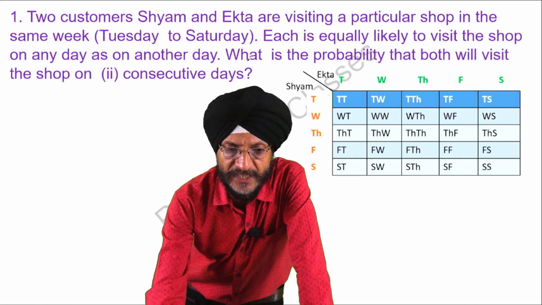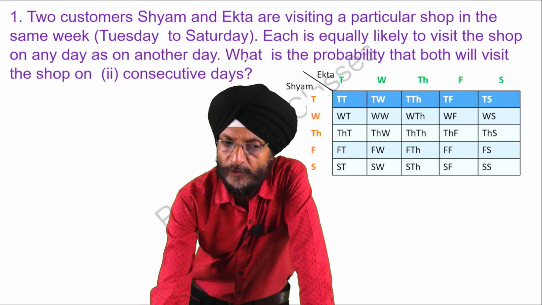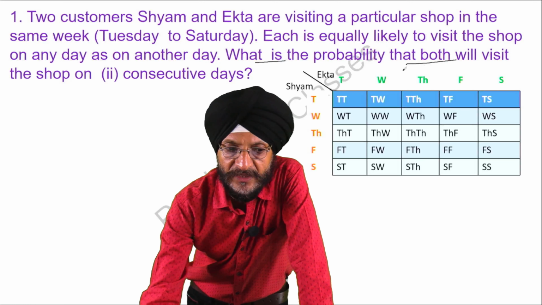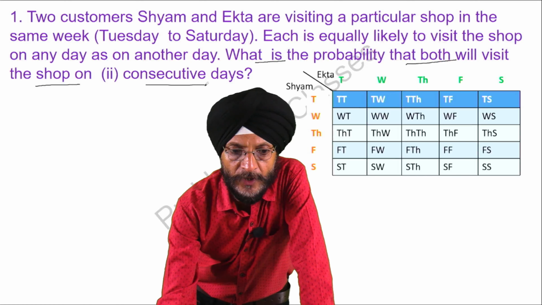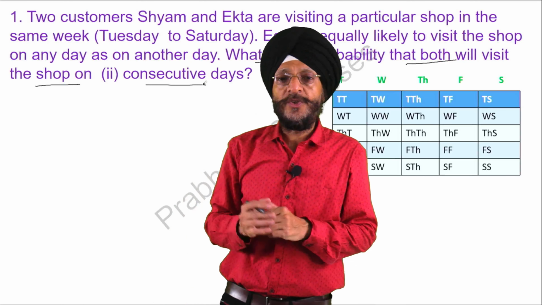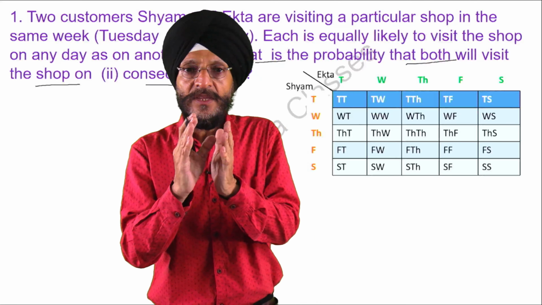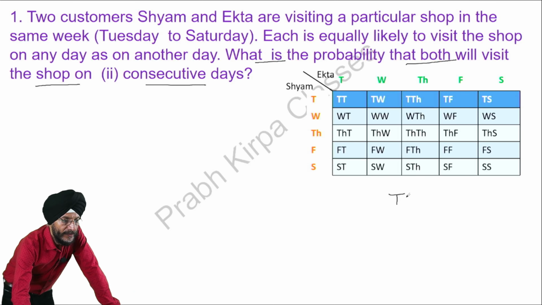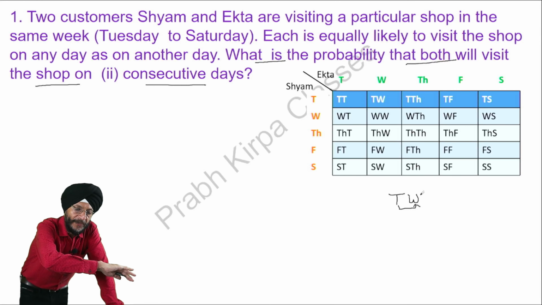So now what is the change in this question? What we have to find out is the probability that both will visit the shop on consecutive days. Consecutive means, if Shyam visits on Tuesday, what is the probability that Ekta visits on the next day or the previous day?